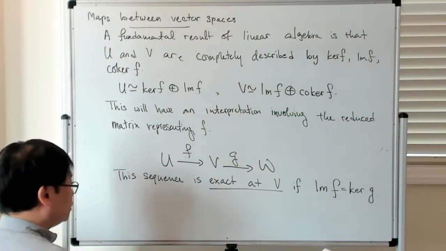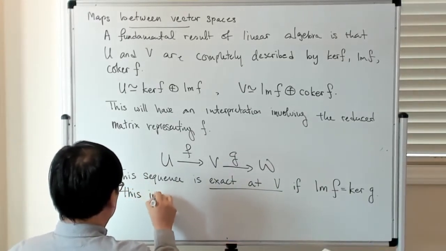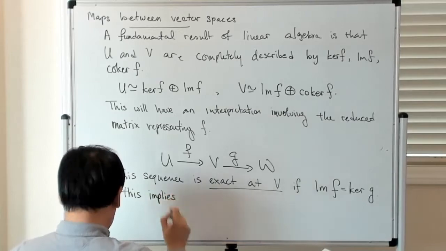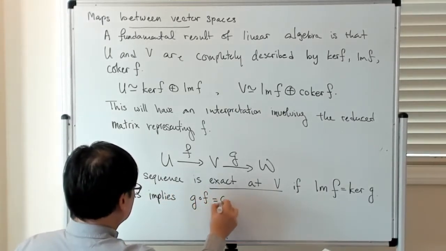Okay, so this implies in particular that the composition, G composed with F, is just the zero map.